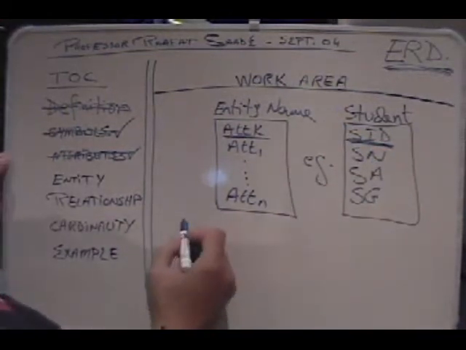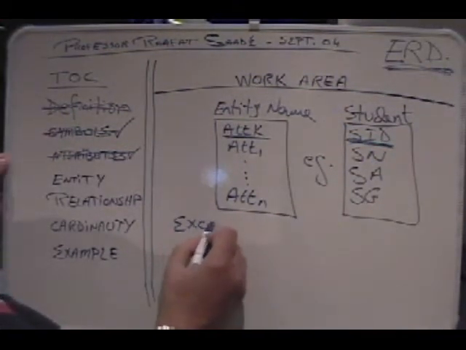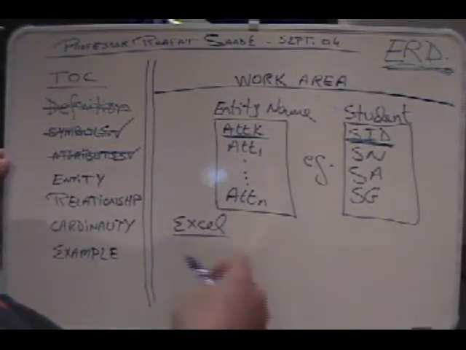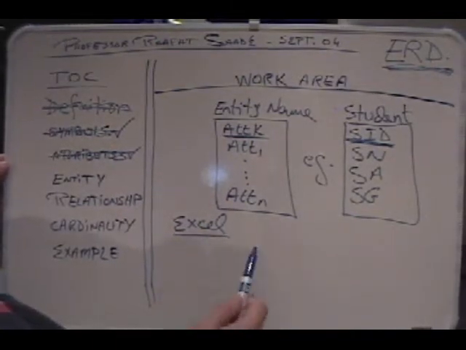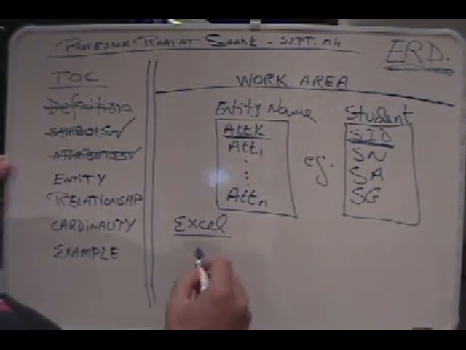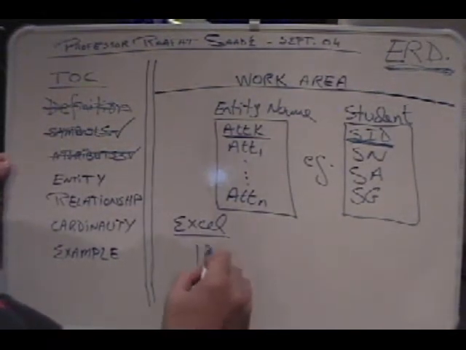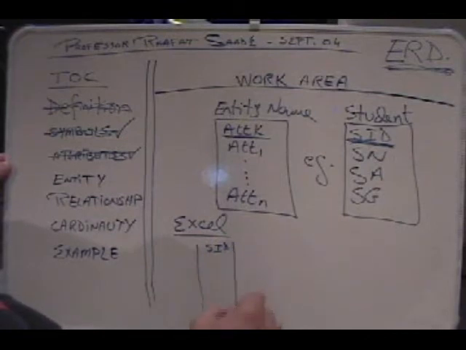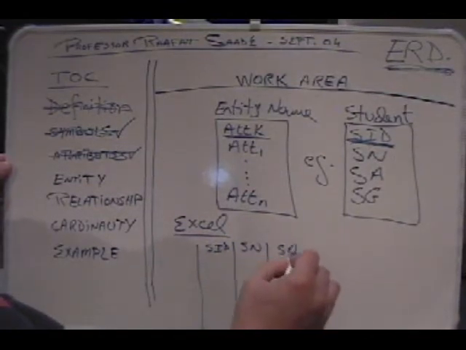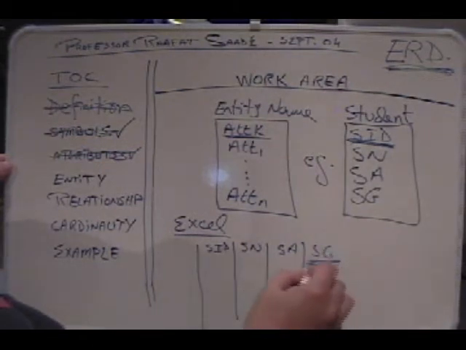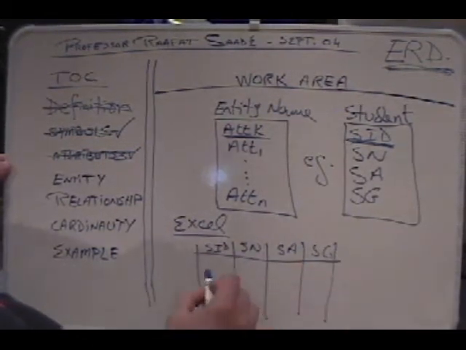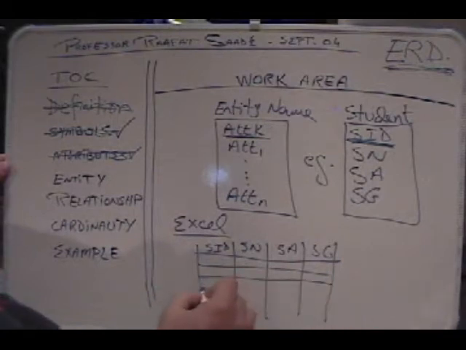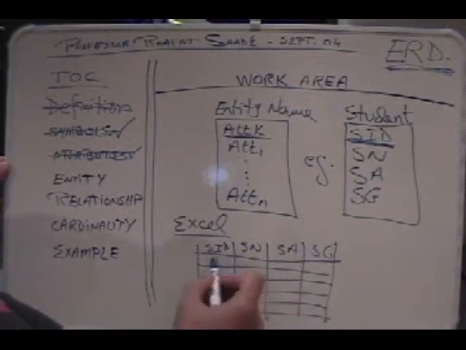If we look at Excel, it means it's a table where you have in columns student ID, student name, student address, student gender, and you just fill it up. What you do is you put student ID 888 blah blah blah.